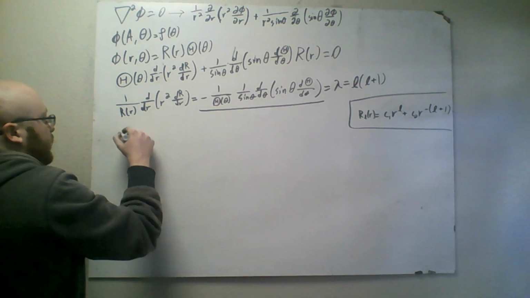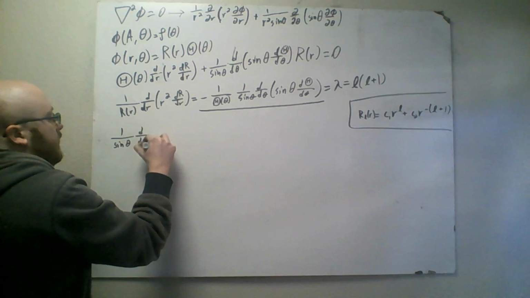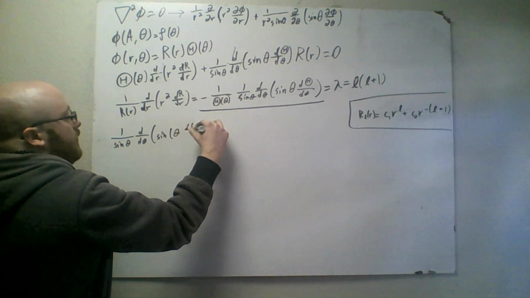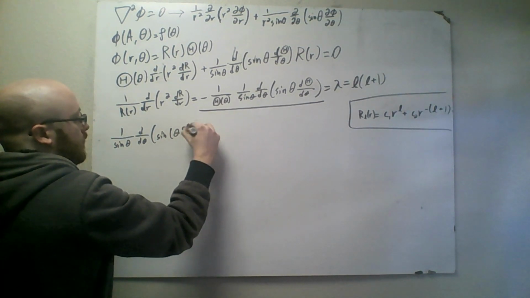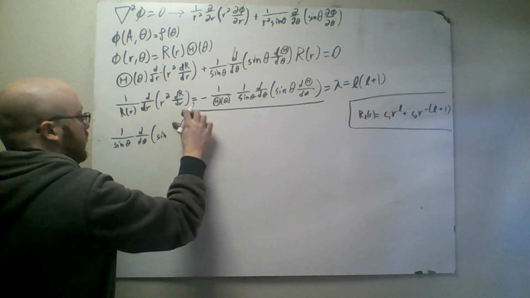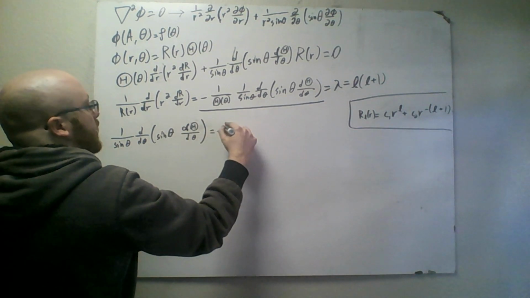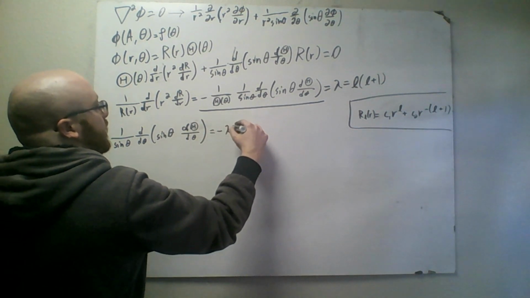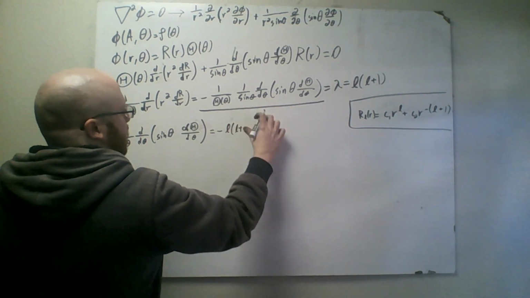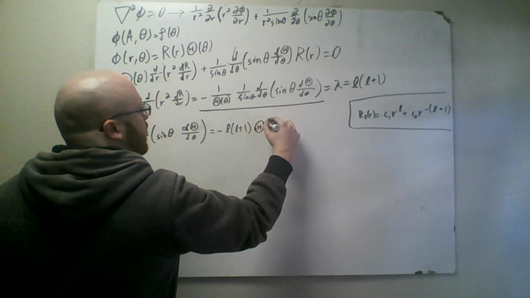We get 1 over sine theta, d/d theta of sine theta times d big theta, oh, sorry, I'm writing parentheses, equals negative lambda, which is L times L plus 1, times theta.